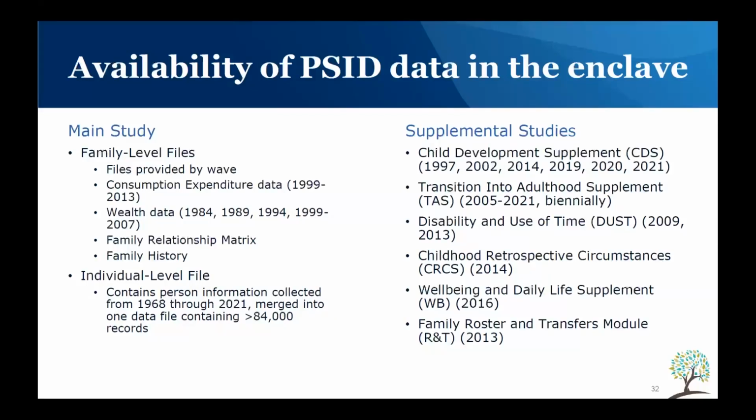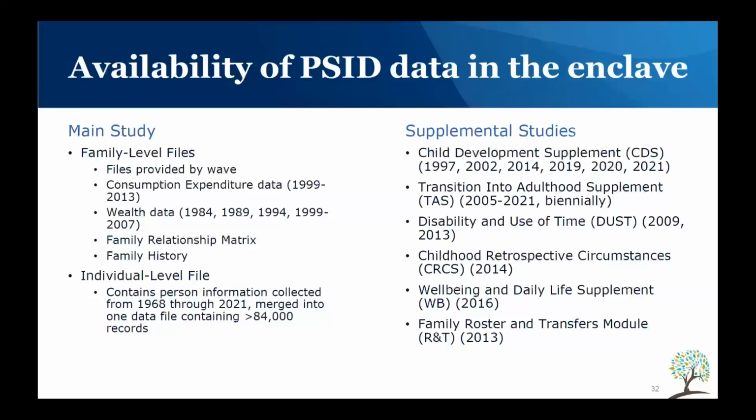And then there are supplements that we collect less frequently. So the Disability and Use of Time study was a study of older adults and disability, and included time diaries as well. And we collected that in 2 different waves. Those data are available. There's information on childhood retrospective circumstances, well-being and daily life.